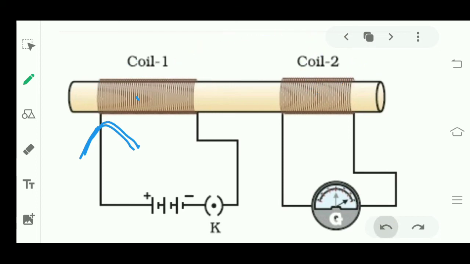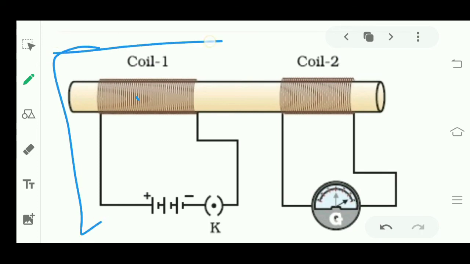This is electromagnetic induction because of induced current. Induction came from induced current. This whole concept is known as electromagnetic induction.